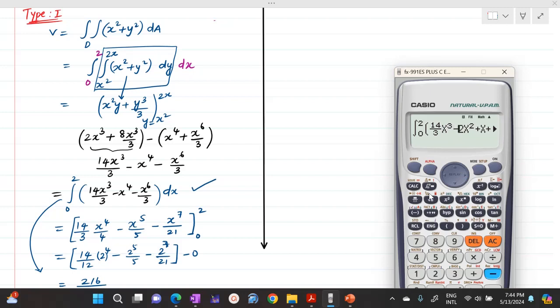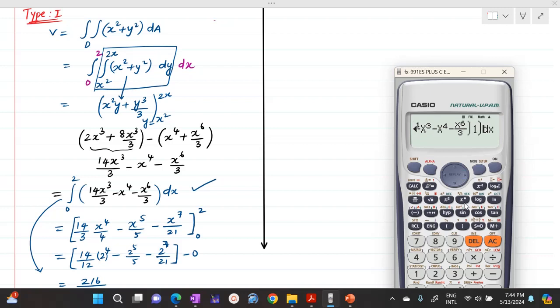Then we will have minus x power 4. Then minus x power 6 over 3. Then we will close the bracket.